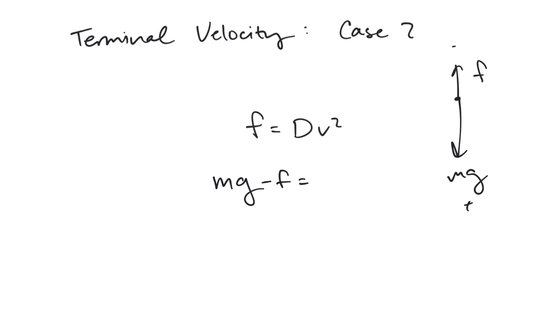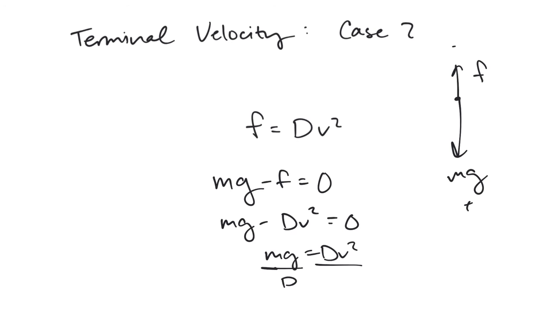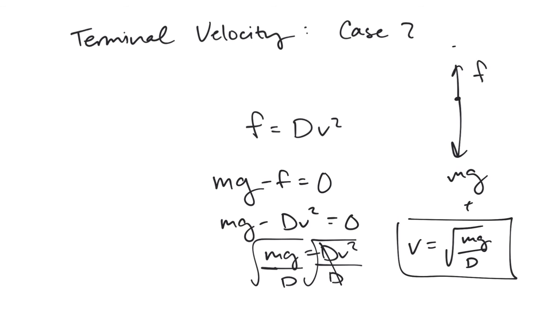And if it's terminal velocity, our acceleration is 0, so you've got mg minus d v squared equals 0. Solving that for v, move mg to equal d v squared, divide by d, and to get v, take the square root. So you get velocity equals the square root of mg over d for a high velocity case.